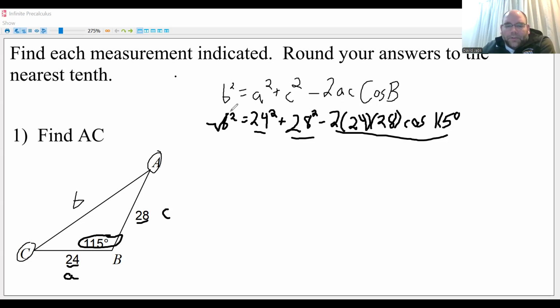If you want to, though, it's actually a little easier to enter these into Desmos. To get the b by itself, remember we have to take the square root. The square root and the squared are going to cancel each other out. We're going to take the square root of this whole side, so we're just going to have b equals this whole thing in the parentheses.